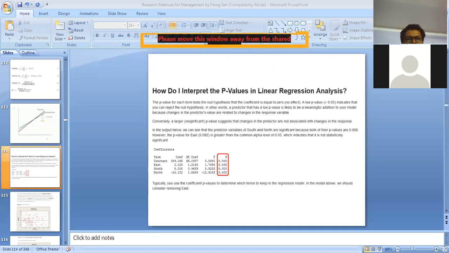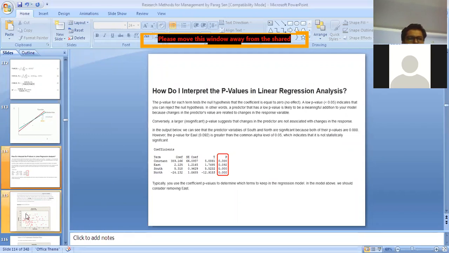So what you will do, you can neglect this variable from your regression equation or multiple linear regression equation. Whatever variables you find insignificant, you can remove from the regression equation. This is the first part of today.